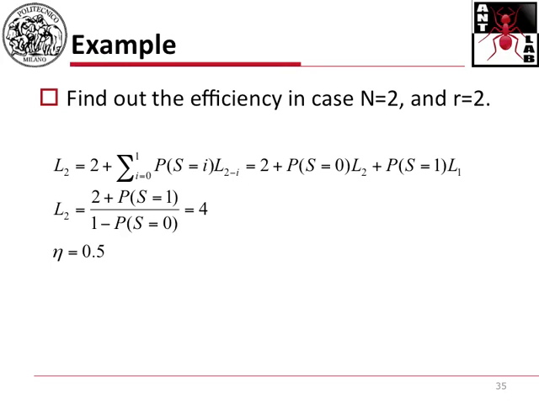So at the numerator there, you have only 2 over something. What is P of S equal to 0? It is the probability that none of the 2 tags is resolved, which means the probability that the 2 tags both choose the same slot. What is it?